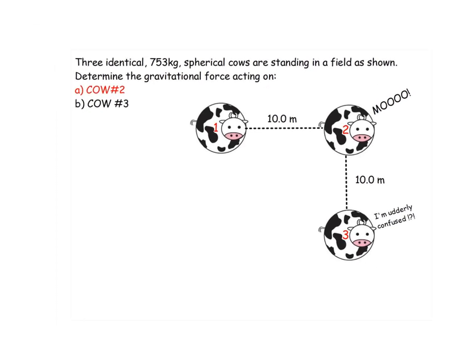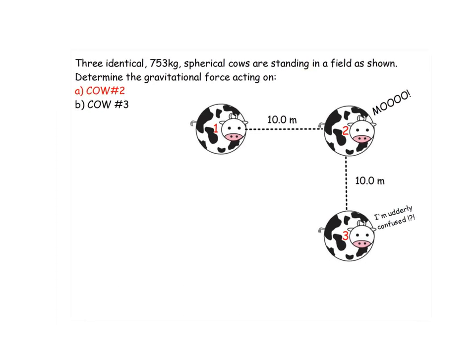So let's look at the force of gravity acting on cow number 2. There are 3 identical cows, because why not? This cow is utterly confused, but let's calculate. So FG is big G, M1, M2 over R squared. Big G is 6.67 times 10 to the negative 11.